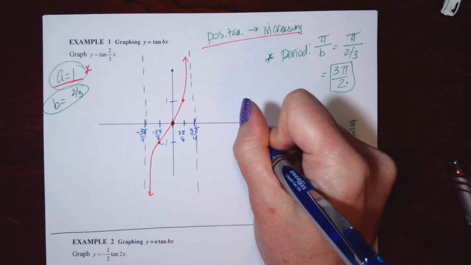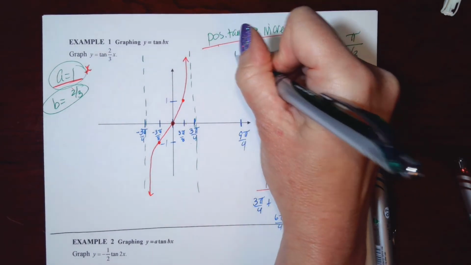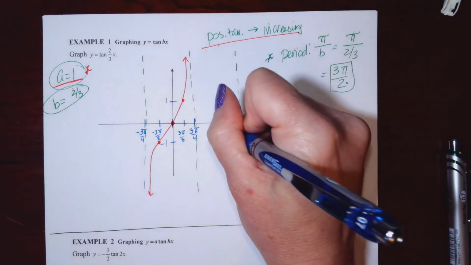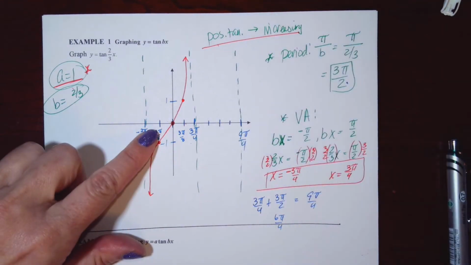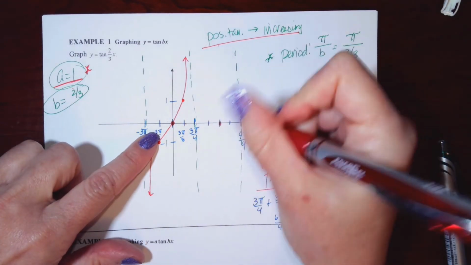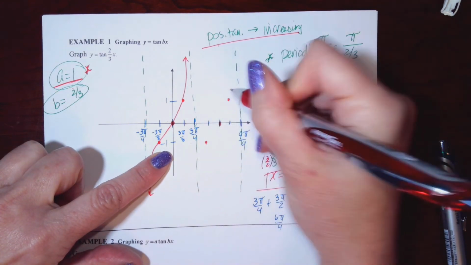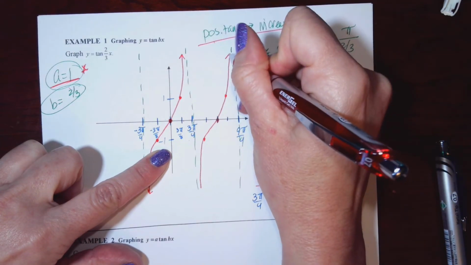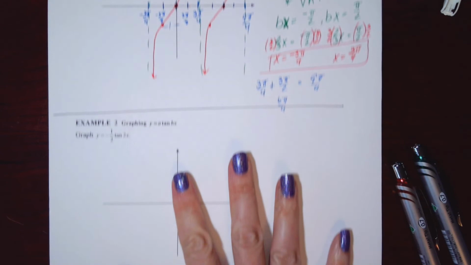So out here, my next vertical asymptote would be at 9 pi fourths. I would divide this into center and quarters. My center is at 0. My quarter function value is 1, so -1 and then +1 because I need it to be increasing. And I've got a second cycle. I can just keep repeating as long as I need to.